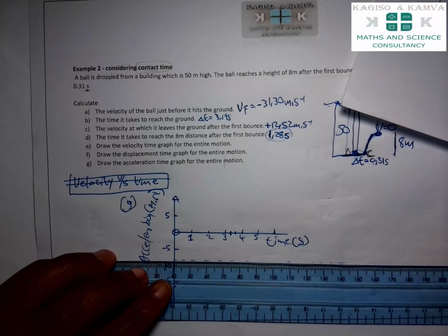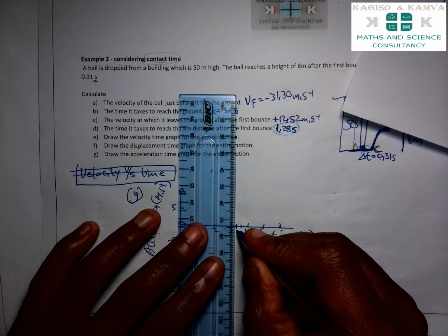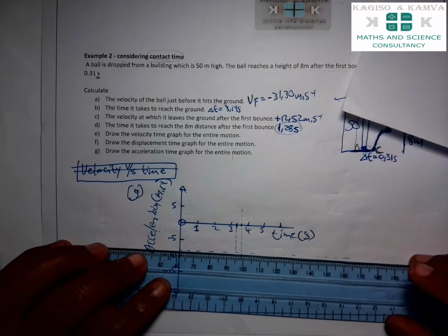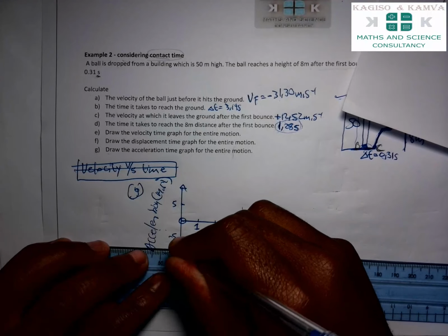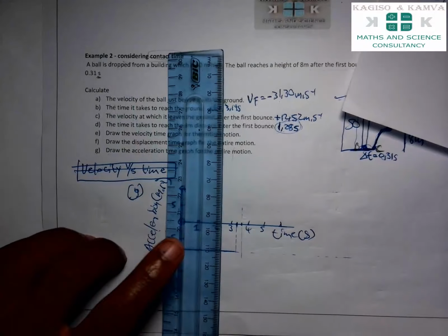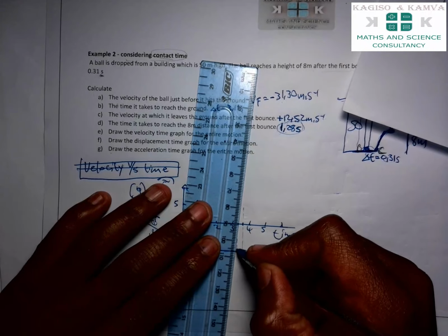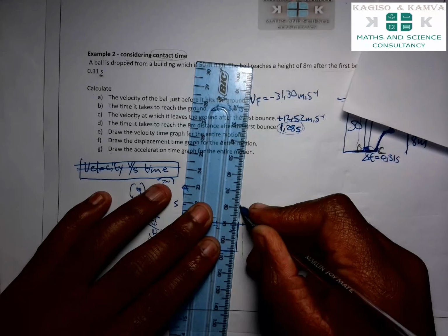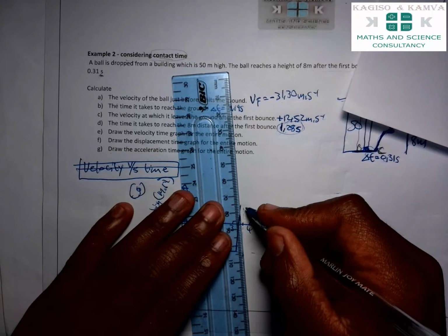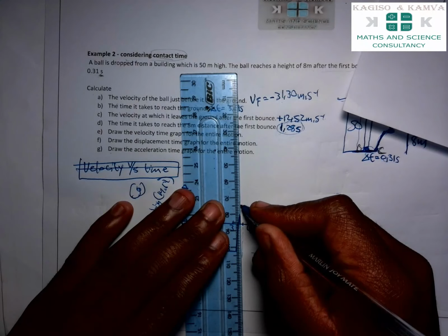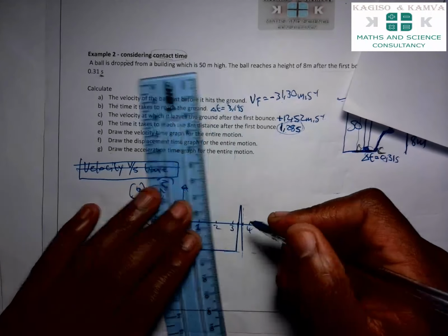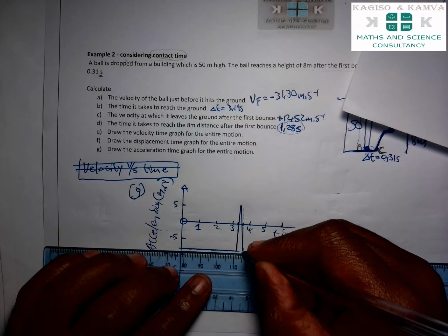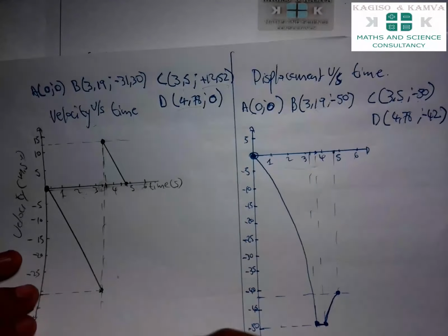So we are going to have something like this. We just draw solid lines here, and then from there we have something like this, and then we bring it back like this, and we continue until the end of the motion.